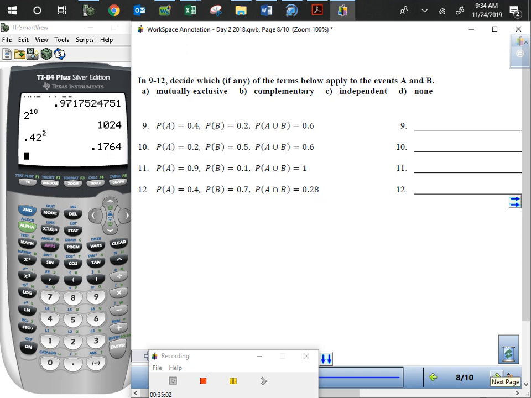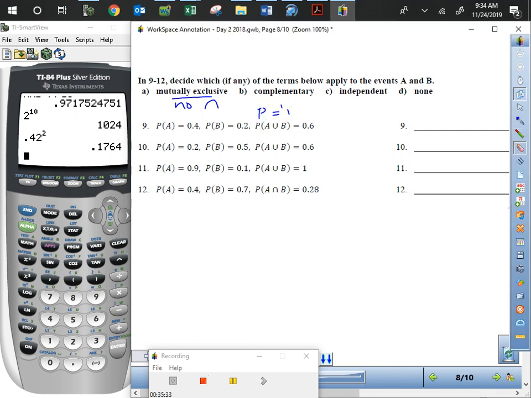Last one here, we're going to do some vocab and quickly answer these questions using our definitions of our vocab. It says, decide which, if any, of the terms below apply to the events A and B given in each example. So mutually exclusive, remember, means no overlap, so no intersection. Complementary is no intersection, but also probability equals 1.